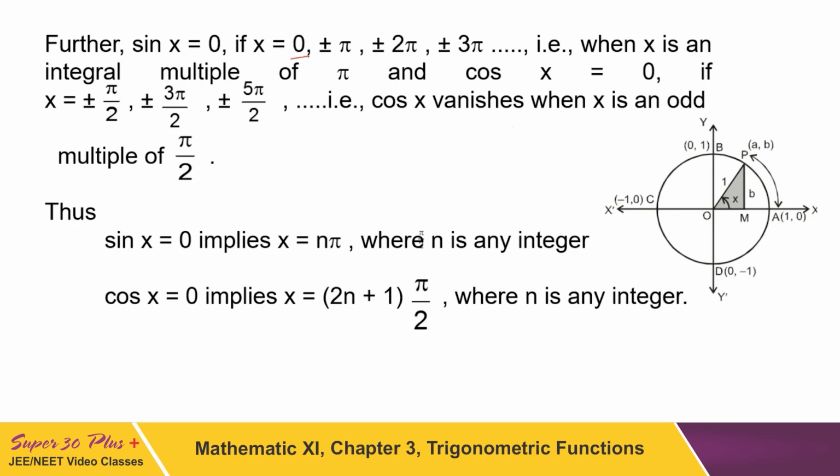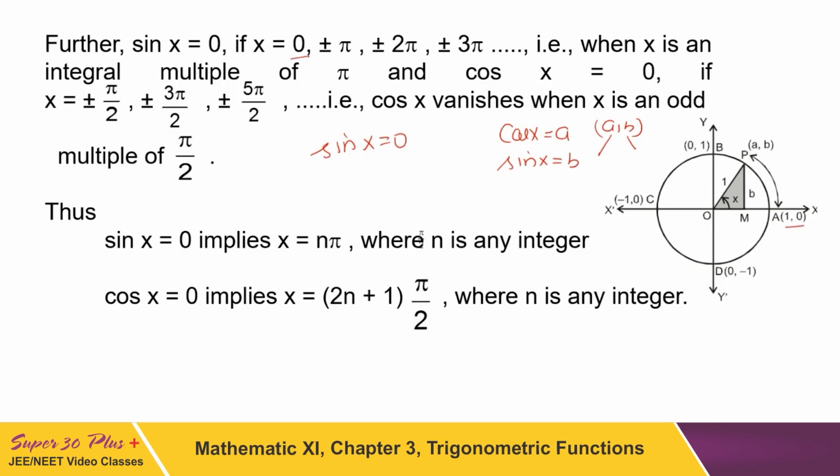Student, as we know, in triangle POM, cos x is equal to a and sin x is equal to b. The point (a, b) corresponds to cos x and sin x respectively. If somebody is saying that sin x is equal to 0, means b is equal to 0, then you have to check the coordinates where b is 0.